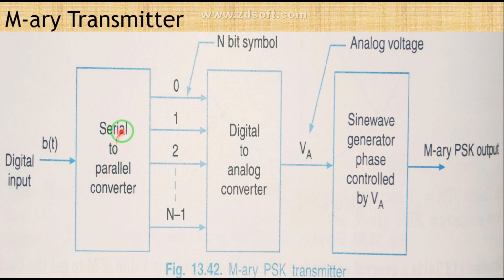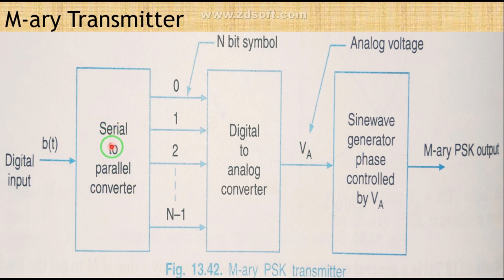These n bits per symbol are presented serially in time sequence one after the other, and are first assembled by this serial to parallel converter block.